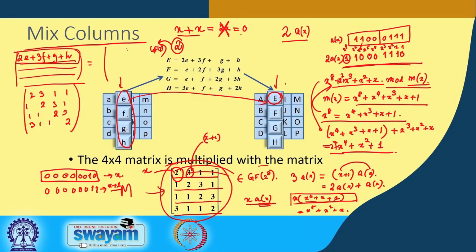So you get another GF2 to the power of 8 element. Your E is a GF2 to the power of 8 element, your F is also, and G and H are all GF2 to the power of 8 elements. Do you understand the mathematics of mix columns?